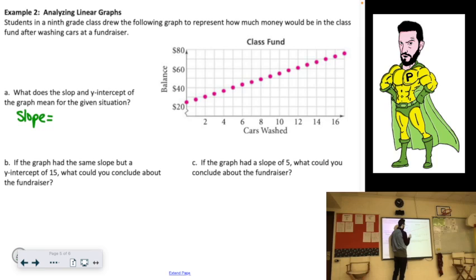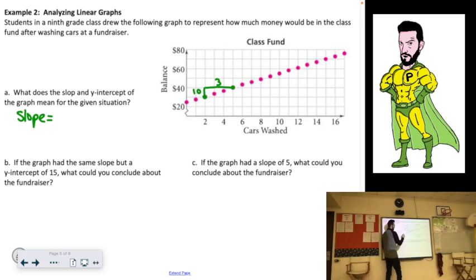let's pick points that are easy to find. So like this point and this point. If we check our rate of change, this is starting at 30 and it goes up to 40. So it went up $10 and it went over from 2 to 5. So it went over 3.